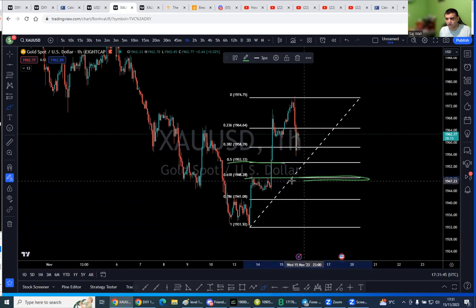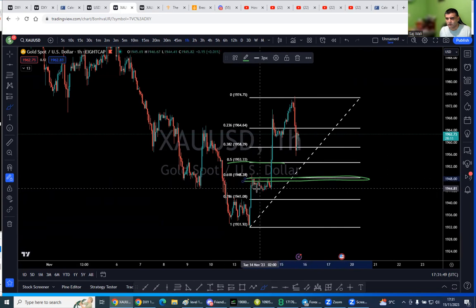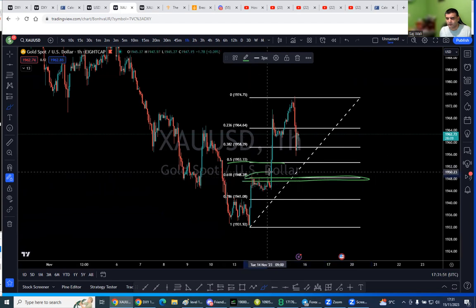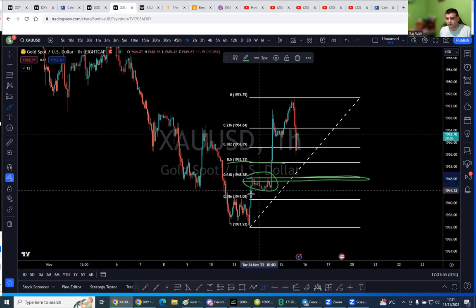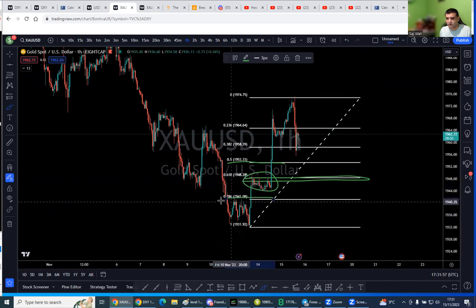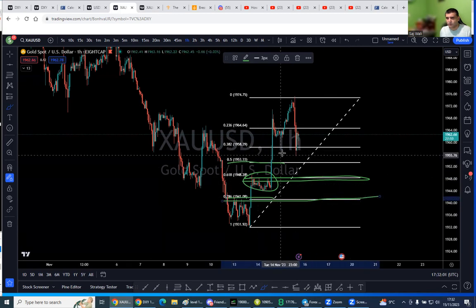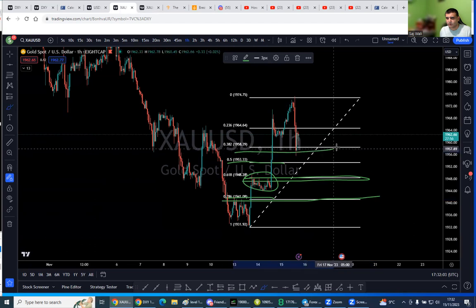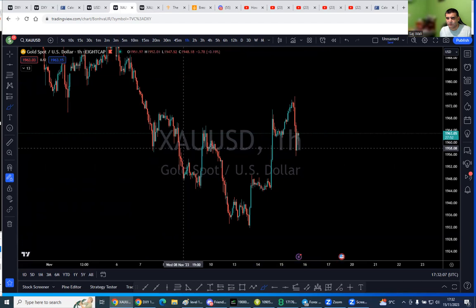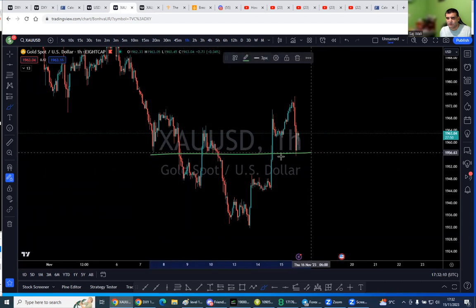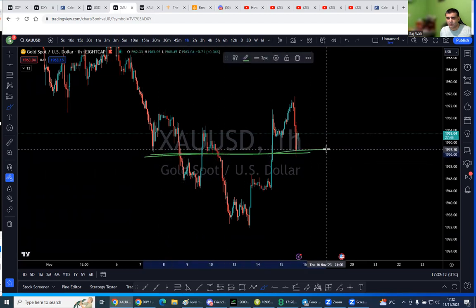That's a strong level because it is coinciding with this resistance area as well. At the moment, the market is rejecting from the 0.38 level. Let me remove this, and you can see this is a level as well.